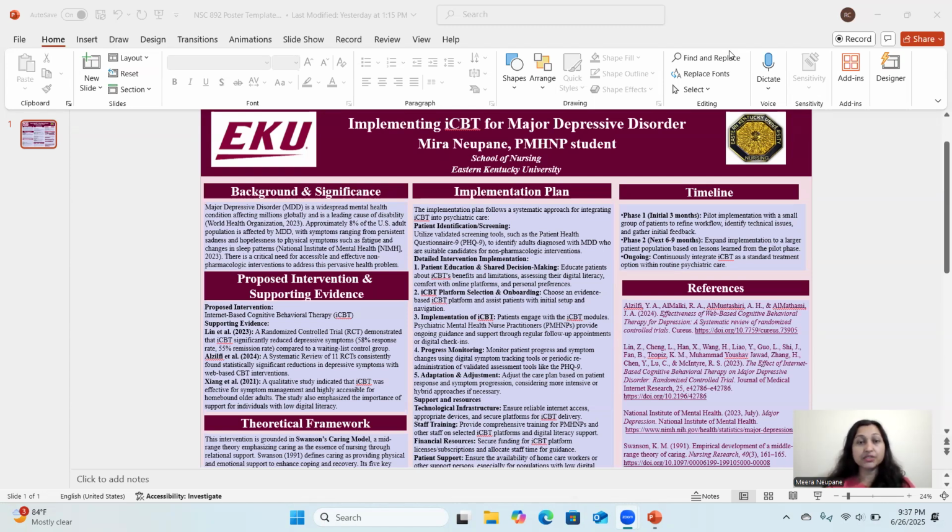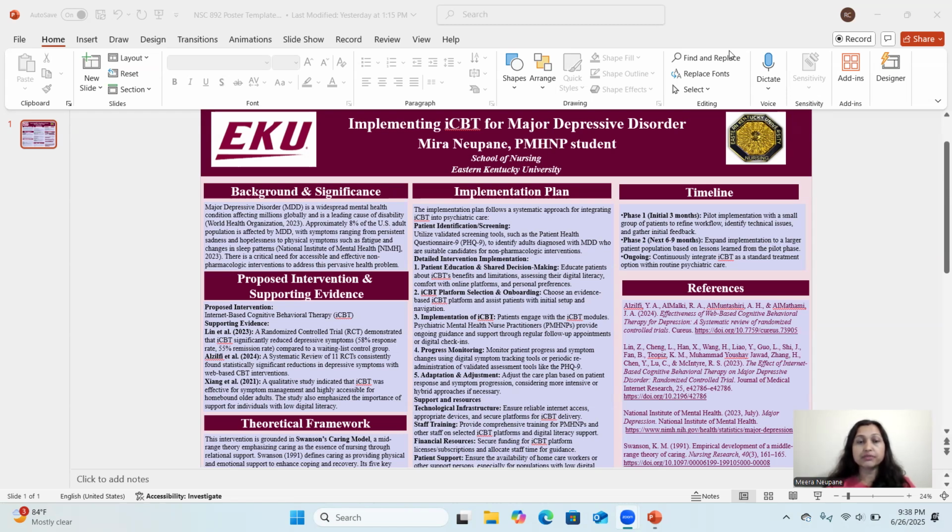Today, I'm going to present about implementing internet-based cognitive behavioral therapy for major depressive disorder. According to the World Health Organization, major depressive disorder is a widespread mental health condition affecting millions of people globally, and it is a leading cause of disability.